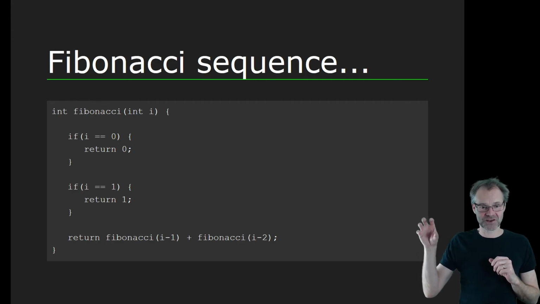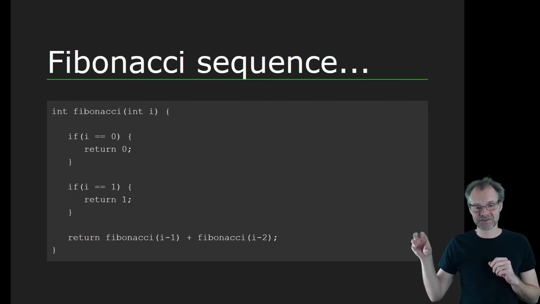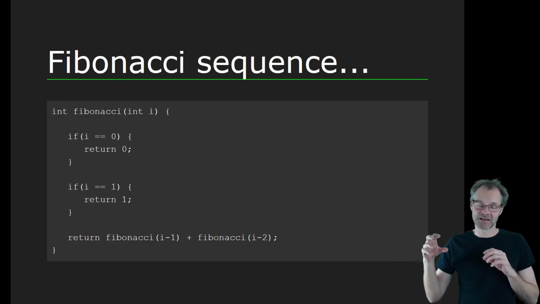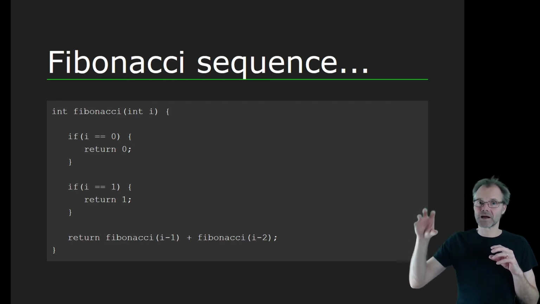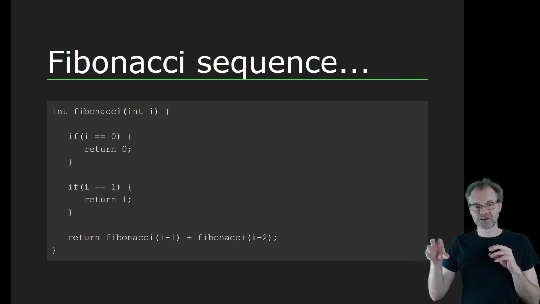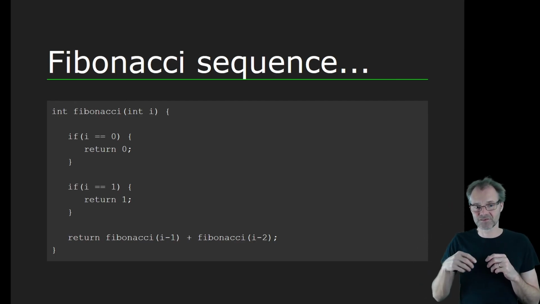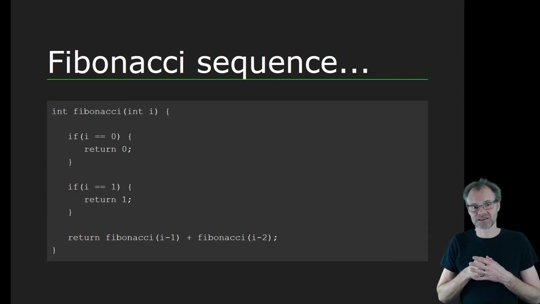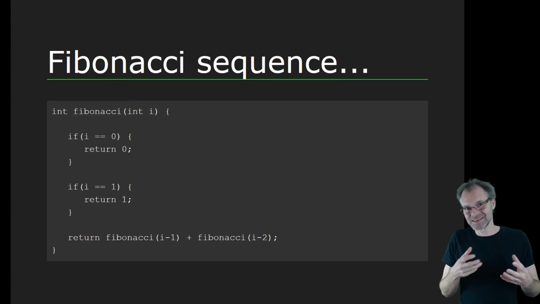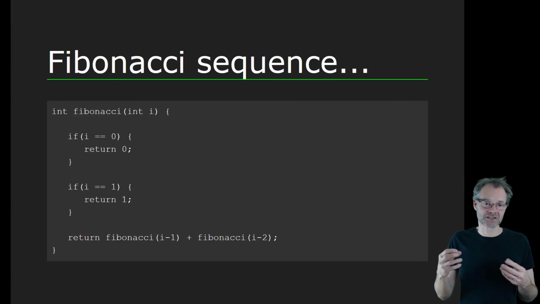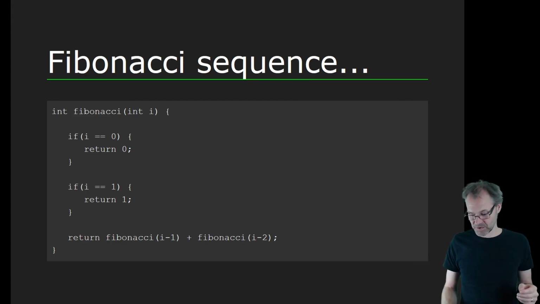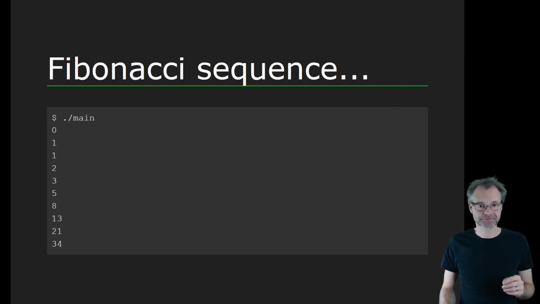So we are returning the values, but we are calling the Fibonacci function again with i-1 and i-2. And then it's going to continue down until the function may return a value, and we can eventually calculate the Fibonacci sequence. So this is just showing you that a function can call itself, and that is what we call recursiveness.